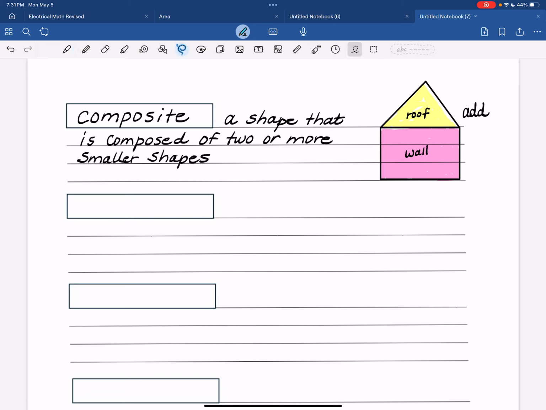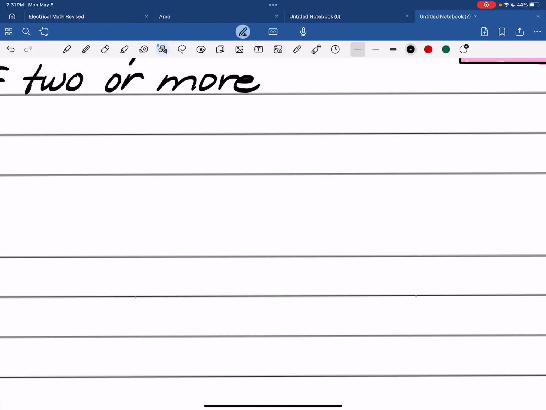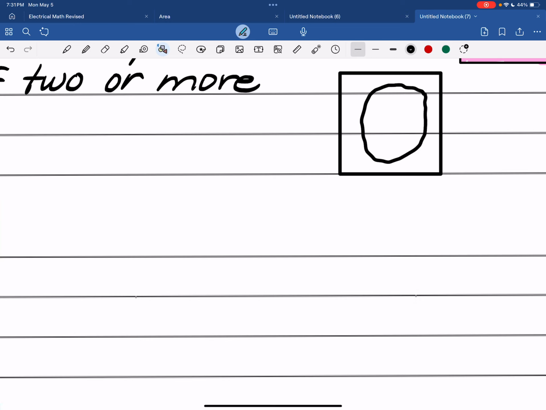There is another kind of composite, and let me try to resize this. I don't know that that's going to let me do that, possibly, here we go. I want to show you this one because this is a very common one. What if you have a square, maybe this is a piece of ductwork, and through it you are running a circular pipe. That's not a circle, is it?